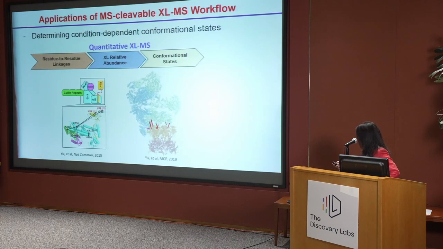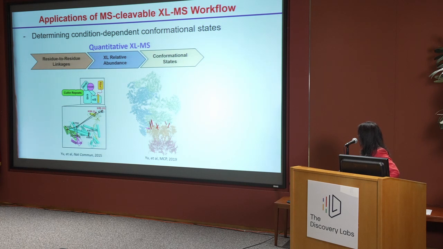In coupling with quantitative mass spectrometry, we can determine the relative abundance of the cross-linked peptides, and using this information, we can determine the conformational state differences. For example, in collaboration with Lin's lab, we used a stable isotope-coded cross-linker to determine the neddylation-dependent conformational change of the cullin-RING ligases.